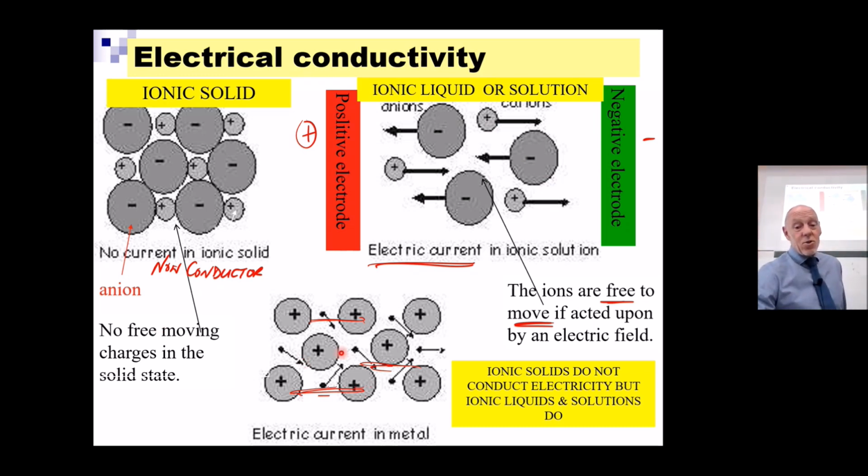How does a metal conduct electricity? Do the positives move? No. But the electrons can move. So if you put a metal in a potential difference, the negatives will go to the positive side, and that's how they conduct electricity. But the positives will not move. So for the ionic liquid, you will be able to see the shift.